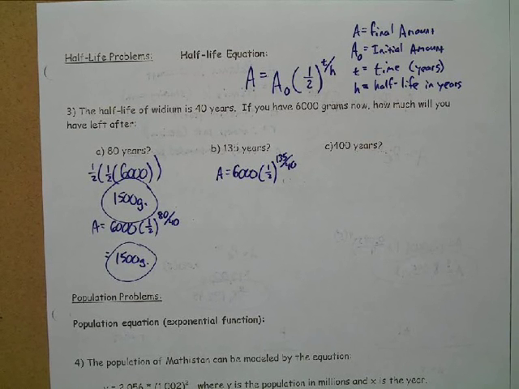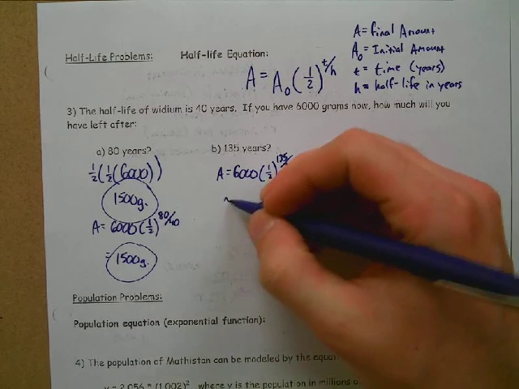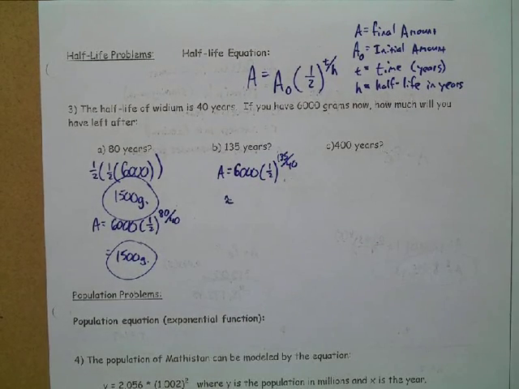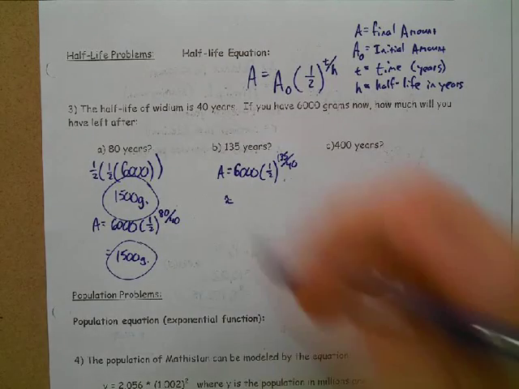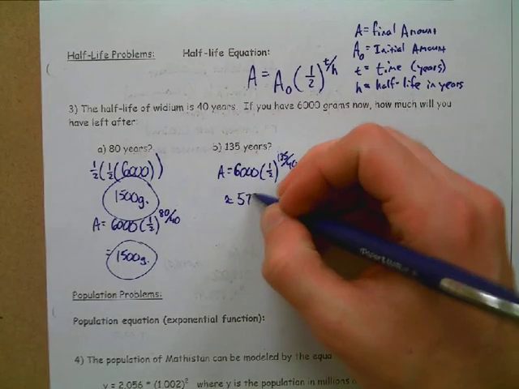It's a matter of typing that into your calculator: 6,000 times 1/2 to the 135 over 40. Type that in, and you should get 578.329 grams.